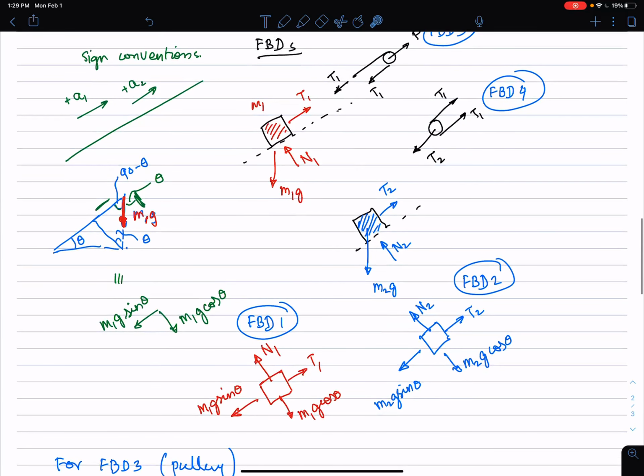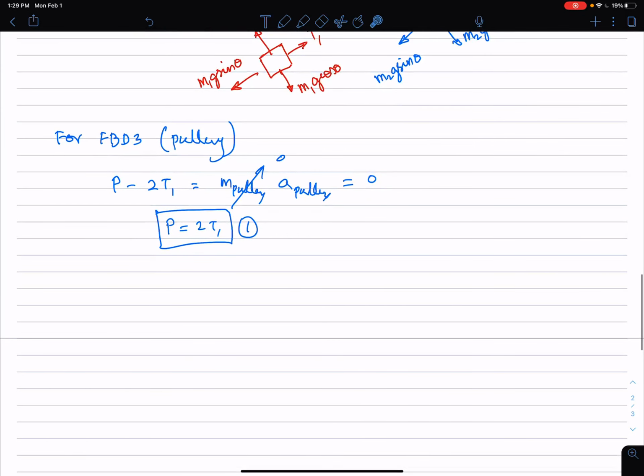And similarly, 2T1 equals T2. So for FBD4, 2T1 minus T2 equals, let's call this pulley 1 to be precise if you want, M pulley 2 times A pulley 2 equals 0.